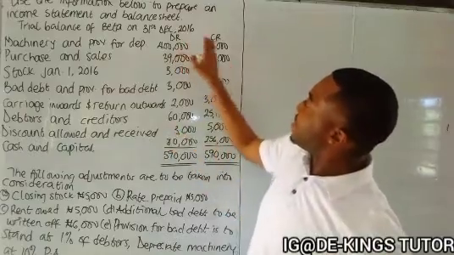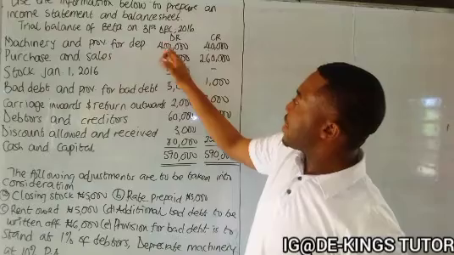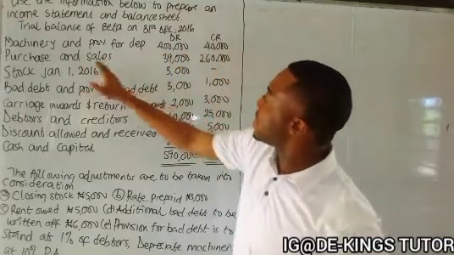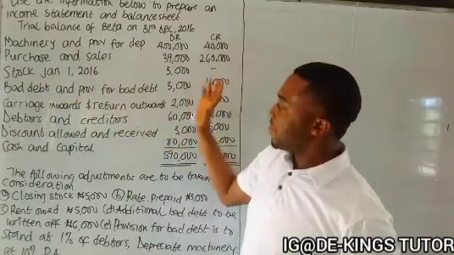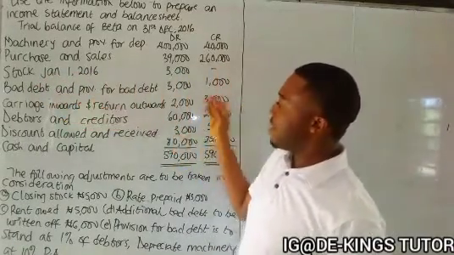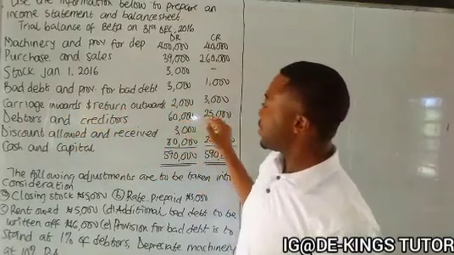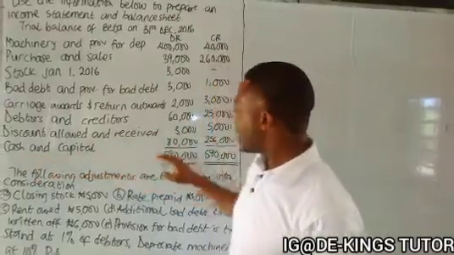So we have the debit and the credit: machinery and provision for depreciation. Machinery is 40,000, provision for depreciation is 40,000, purchases and sales, stock at 1st January, bad debt and provision for bad debt, carriage inwards and returns outwards, debtors and creditors, discount allowed and received, cash and capital.